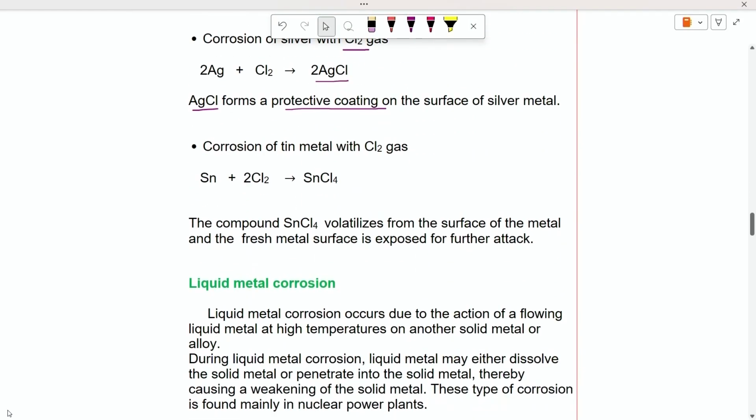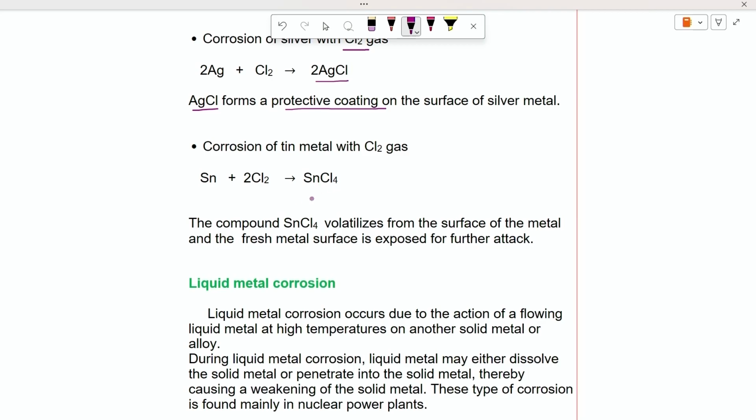Next is corrosion of tin metals with chlorine gas. Here, tin metal combines with chlorine to form stannic chloride, that is tin with a valency of 4.